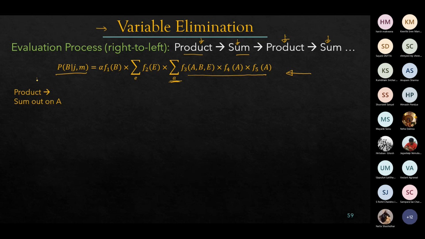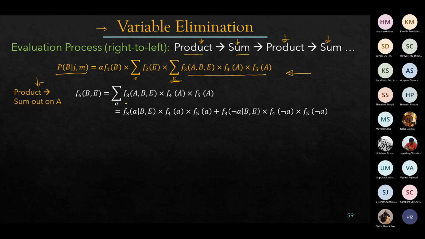So this is the first operation: a product followed by a sum-out operation on A. So we are doing this product and we are summing out on A. What is the variable that we are eliminating here? We know that if we sum out on a variable, that variable will be eliminated from our formula. So summing out on A implies A is eliminated.